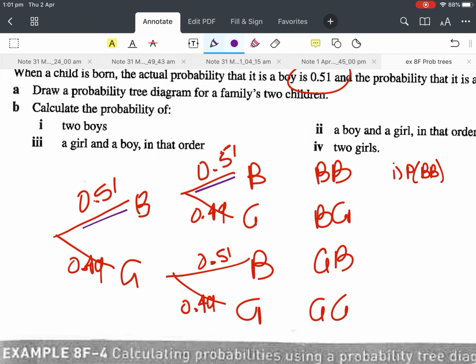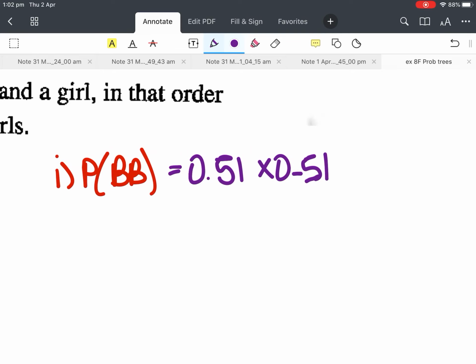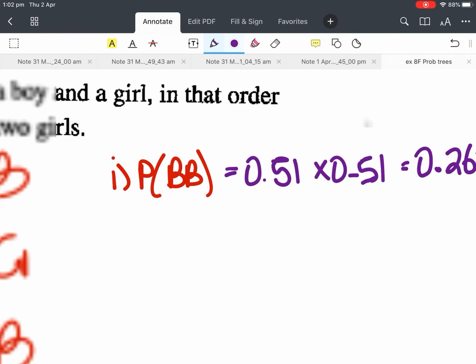Boy branches are 0.51 times 0.51. Do that on my calculator and I get, oh my goodness, 0.2601. Now it's okay, sometimes you can have answers that are decimals, that's fine, not a problem.